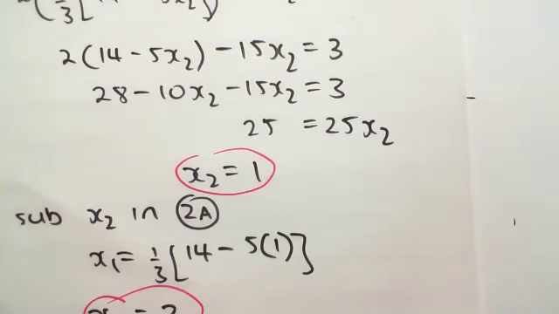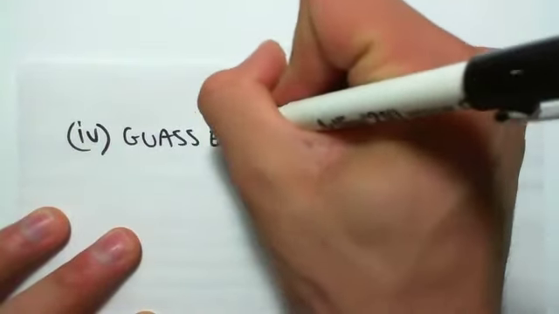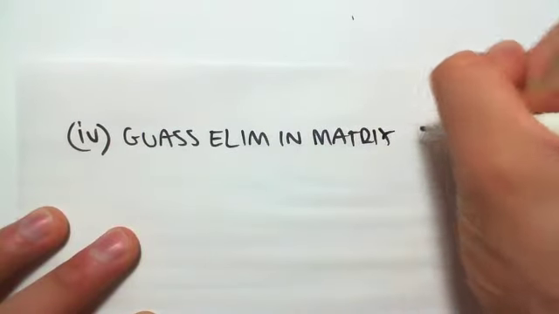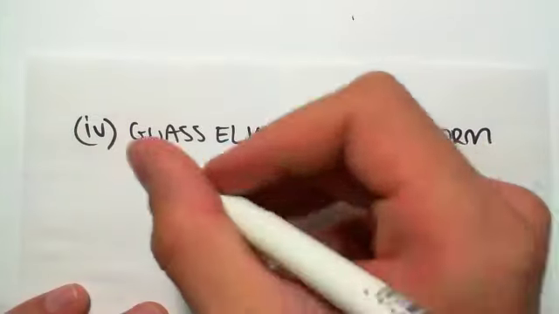Now the last method is Gaussian elimination in matrix form. So method number 4 is Gauss elim in matrix form. So I'm just going to rewrite our equations in matrix form.